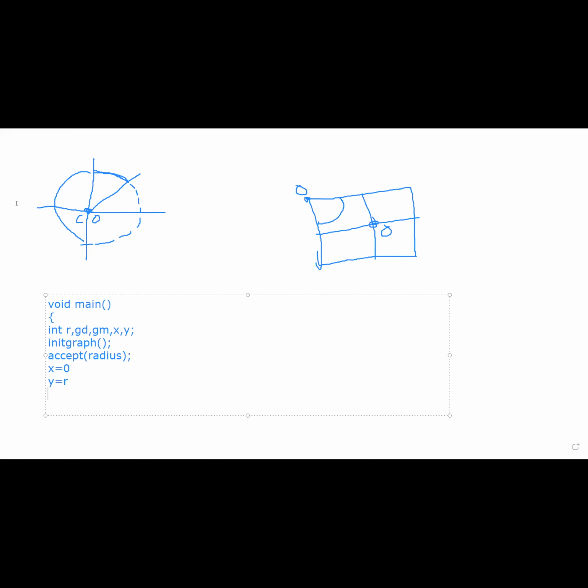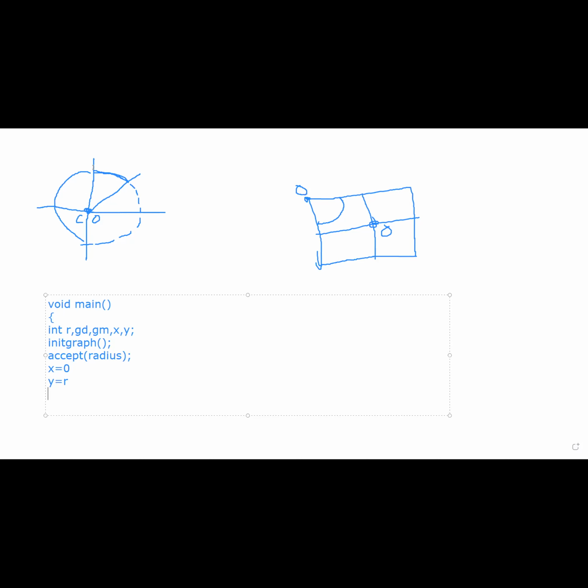Then my first job is to draw this particular point. For this, I have the value (0, r), which is this point.